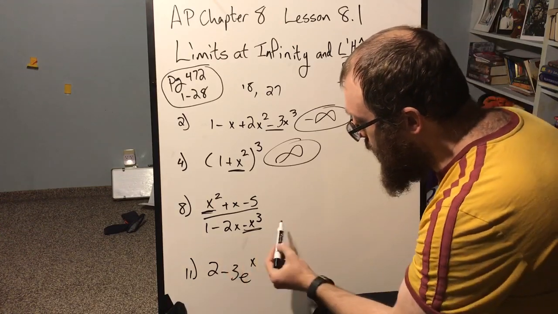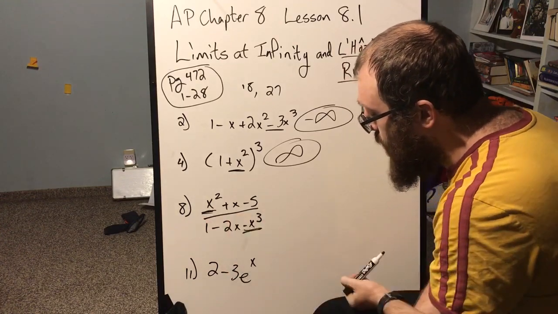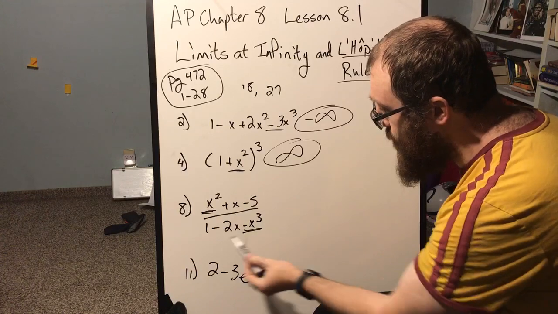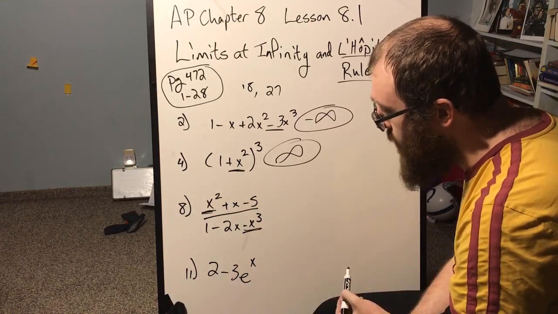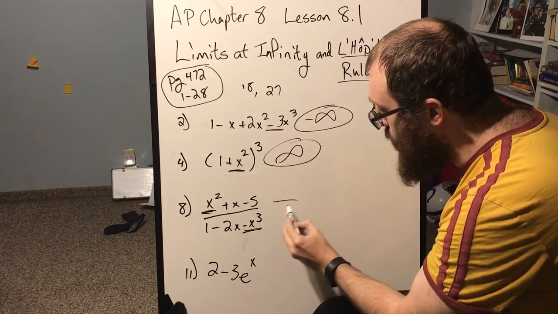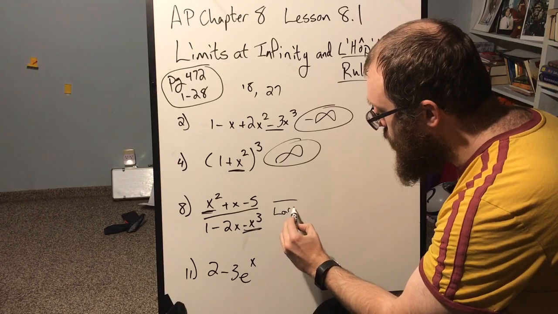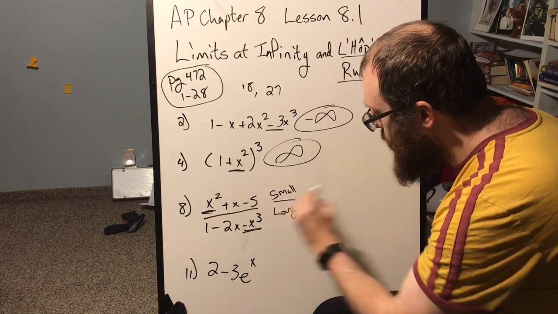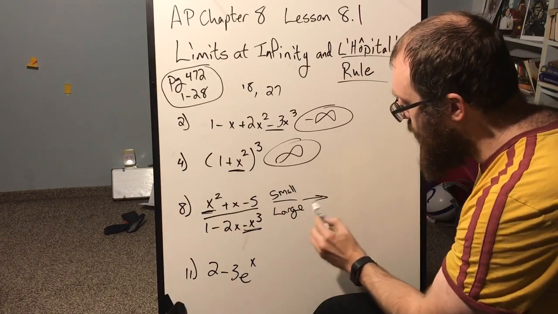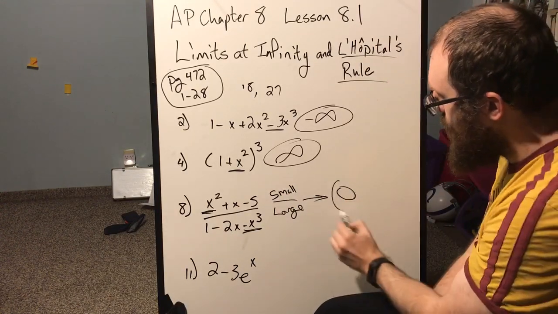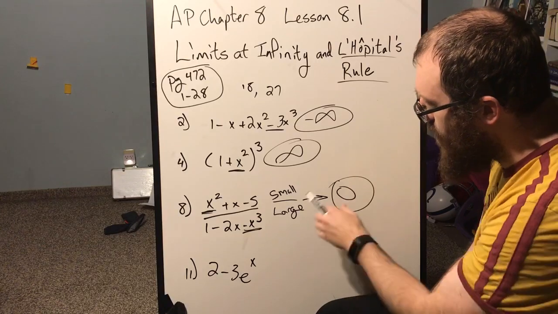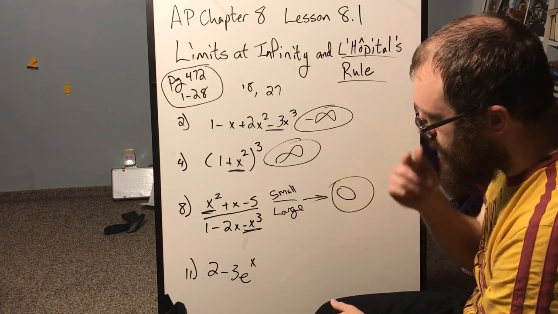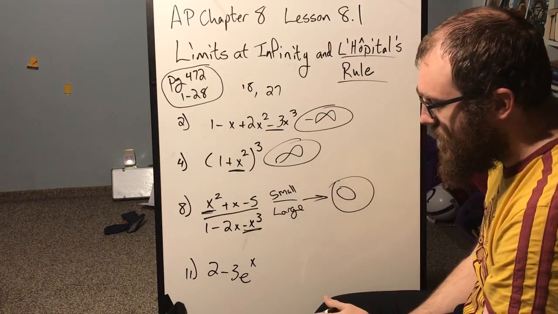And remember, if the denominator wins, the numerator loses. With a very large value in the denominator and a very small value in the numerator, we're headed toward 0. When the numerator is small and the denominator is large, 0 is our solution.